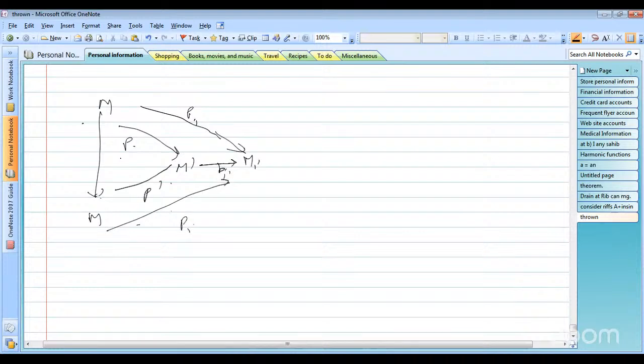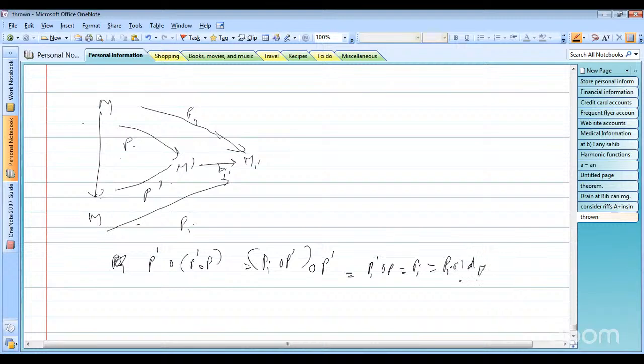See here, this is the diagram for i belongs to I. So we can take pi dash circle of p dash circle p. Associating that one, pi dash p is equal to pi. We are writing that pi is equal to pi. This we have to write here.